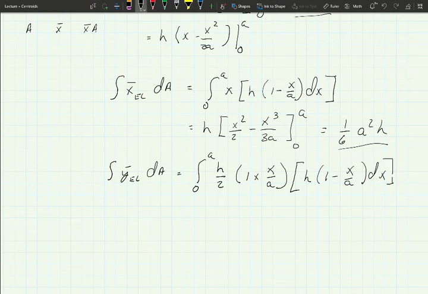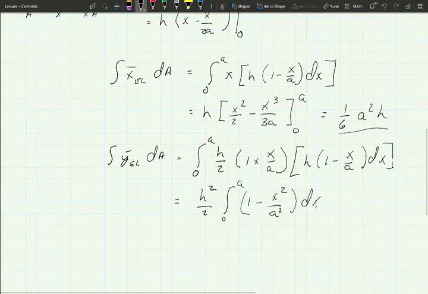When we do that integral, we're going to get h squared over 2, the integral from 0 to a, 1 minus x squared over a squared dx.